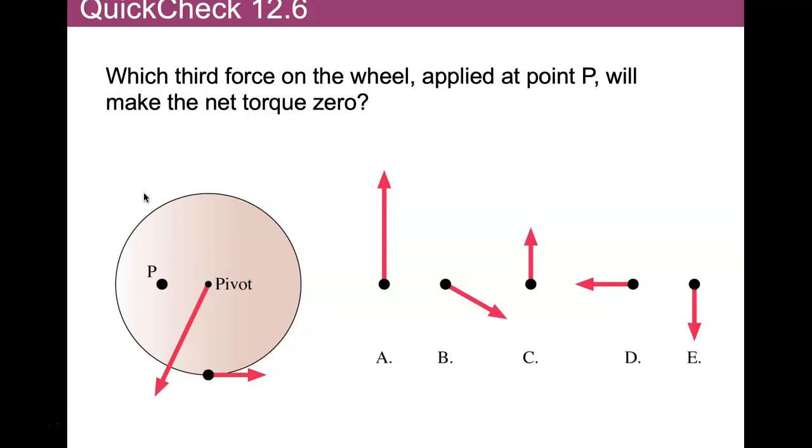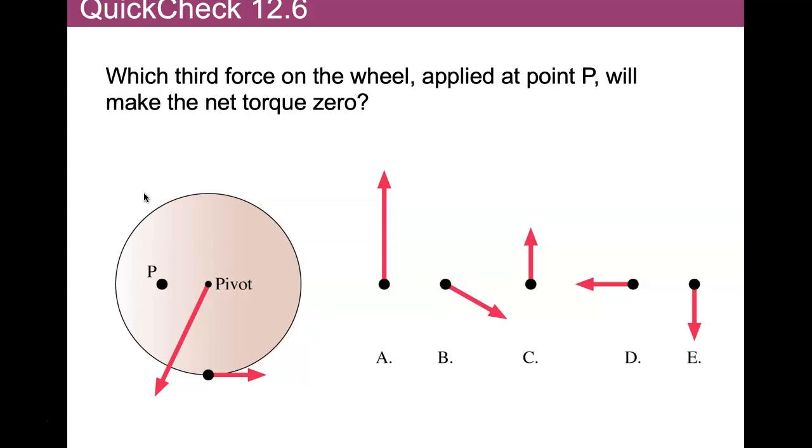Okay, so what is the problem asking? There are two forces acting on this wheel. There's a pivot point at the center of the wheel. And we're asked to identify the force that would give a net torque 0 if that force is applied at point P.